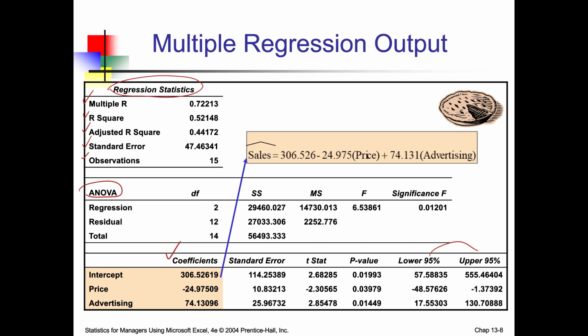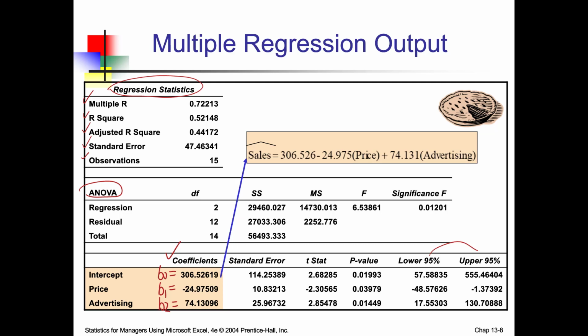So here, the intercept is B0, right? So B0 equals 306.52619. And then B1, the slope for the independent variable price, is going to be negative 24.97509. And B2, the slope for the advertising spending, is 74.13096.